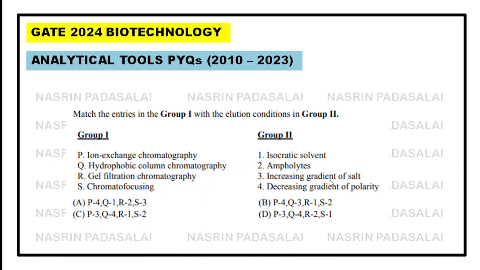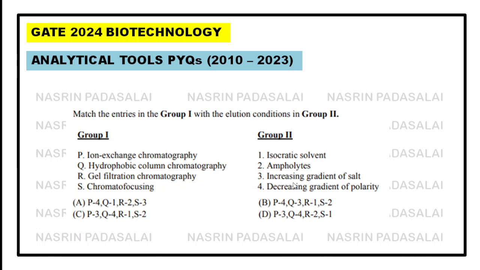So by increasing the salt concentration, the molecules that have a weak interaction will be eluted first itself, whereas those molecules that have a strong interaction need more salt concentration. So that's why in ion exchange chromatography they employ increasing concentration of salt, and they keep on increasing it.